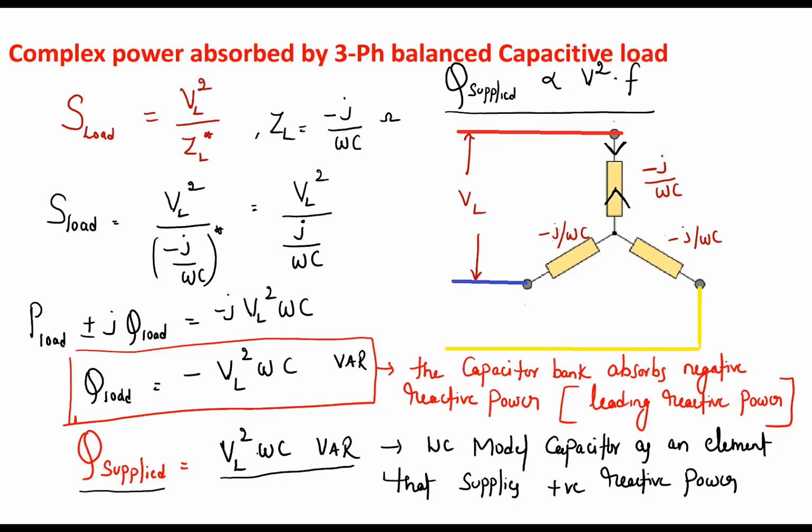In the case of an inductor, the reactive power absorbed is directly proportional to V square by f. In the case of a capacitor, the reactive power supplied is directly proportional to V square into f.